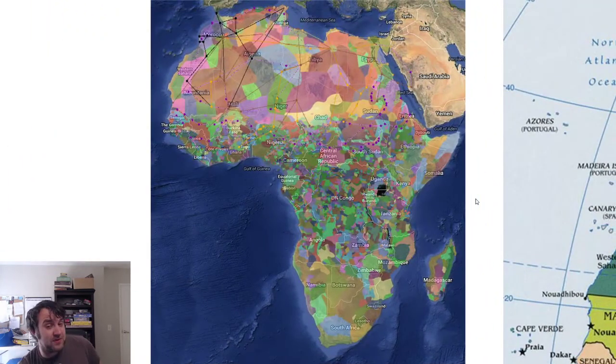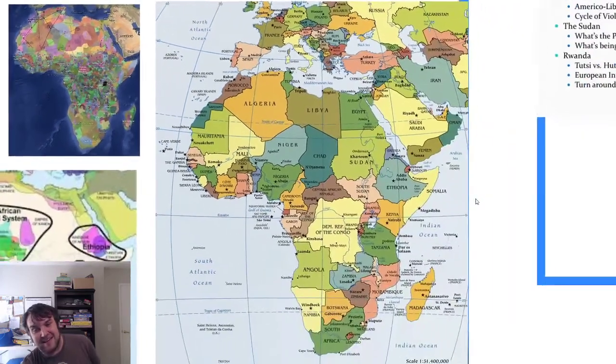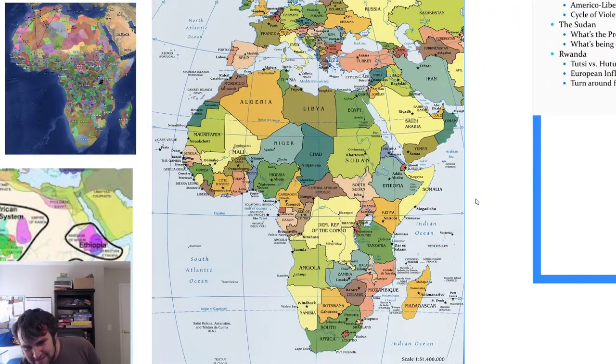Here's another map which shows you all the different ethnic and language groups in Africa. And so, like the map of Africa today, I think Africa has about 40, 50 countries today. In a better world, Africa should be 150 countries. They really should cut up some of these bigger countries to more accurately reflect the cultures of Africa, because there's been so much conflict in this part of the world.